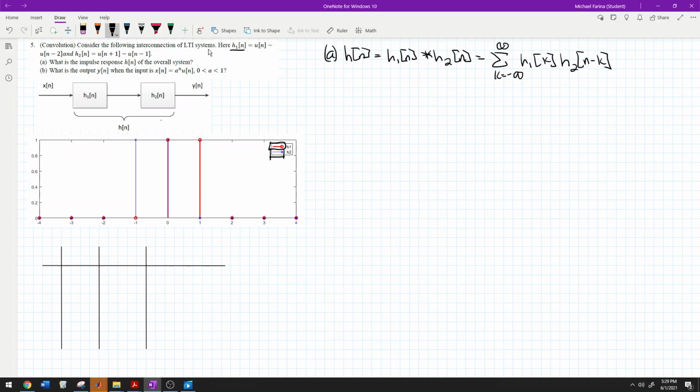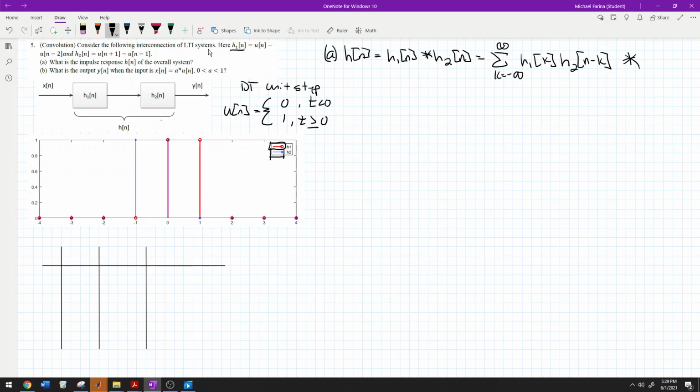Now before we go digging into this, let's go over the DT unit step. So the unit step is equal to 0 for n less than 0 and 1 for n greater than or equal to 0.